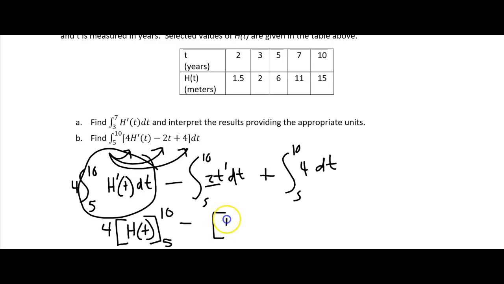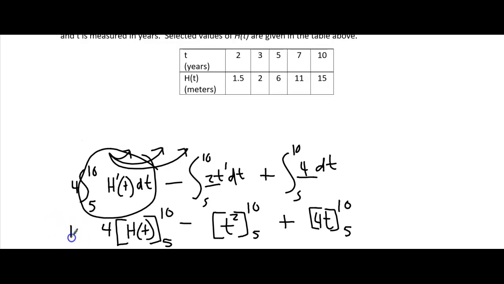And I'm just going to be left with t squared if I integrate that. And then the last one, if you integrate just a number, you just put a t next to that number. Now, why is it a t? Because that's what I'm integrating with respect to. All right. So that's the next step I'd want to see, the integration of all those things.